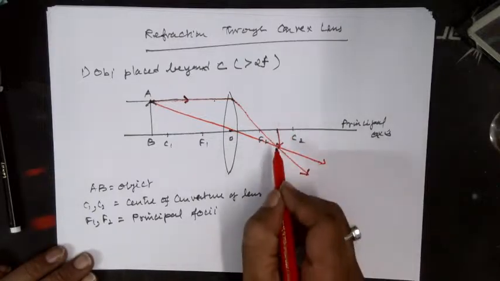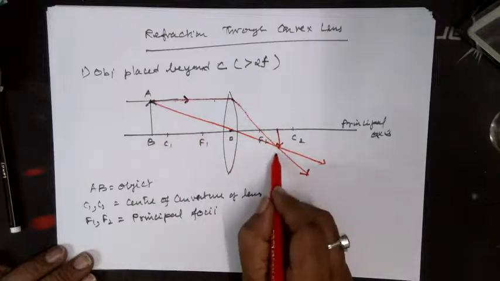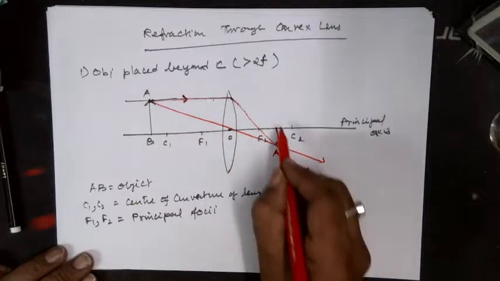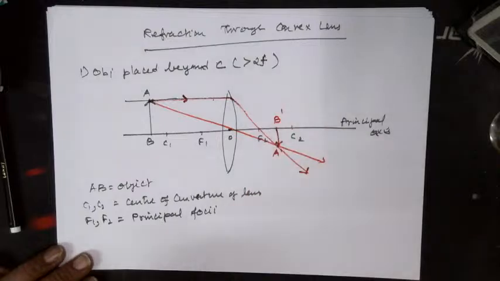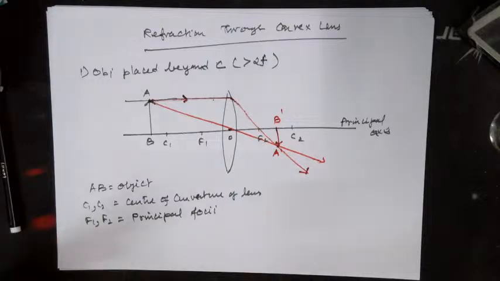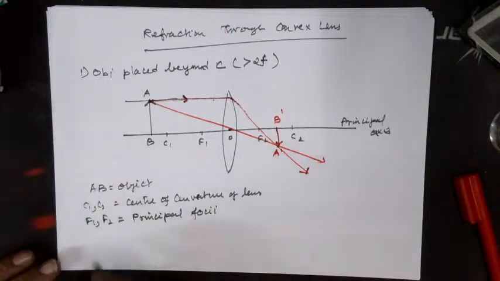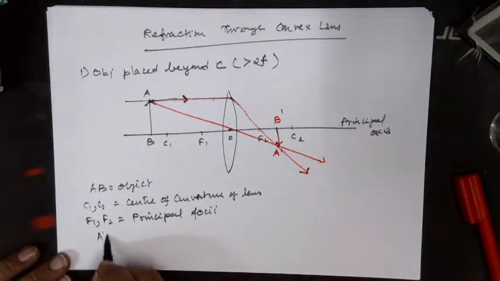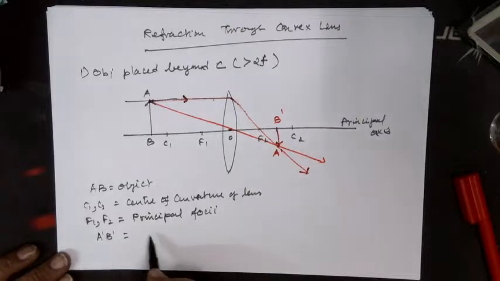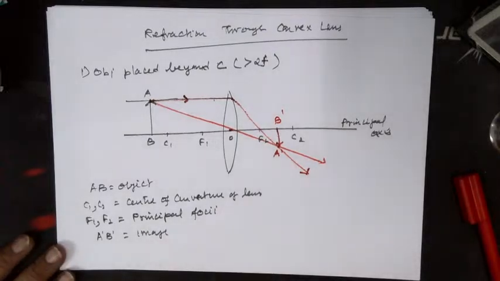It is inverted and small, so the head is A dash, the tail is B dash, right? So what is this A dash, B dash? That is the image. So what is the nature of the image?